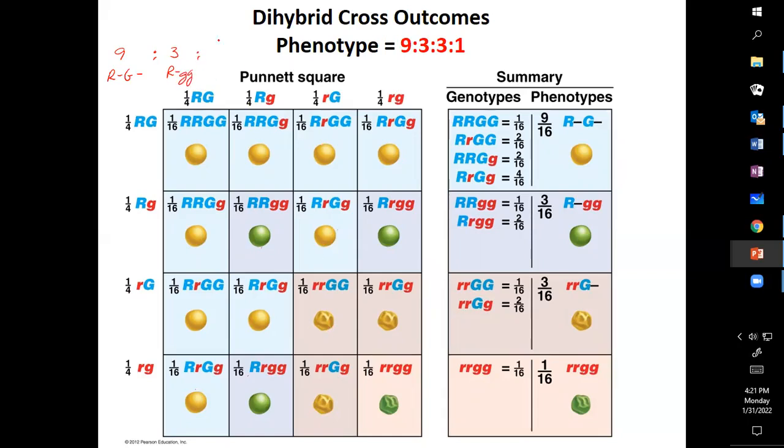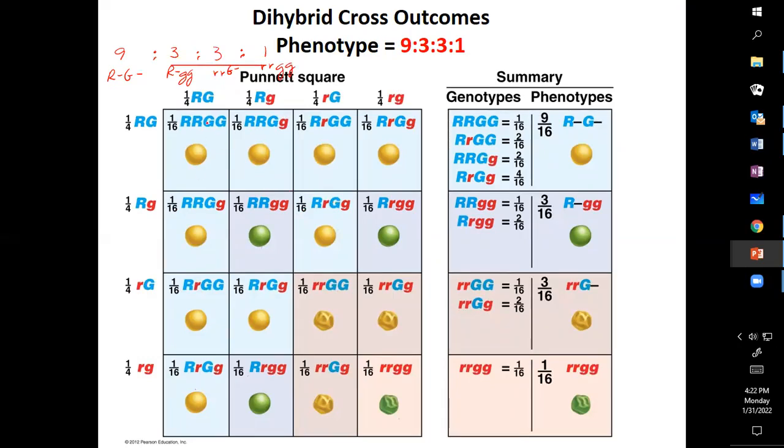Another 3 are wrinkled and yellow. And 1 out of those 16 squares is recessive for both of the characteristics. So it is the double recessive, little r, little r, little g, little g.